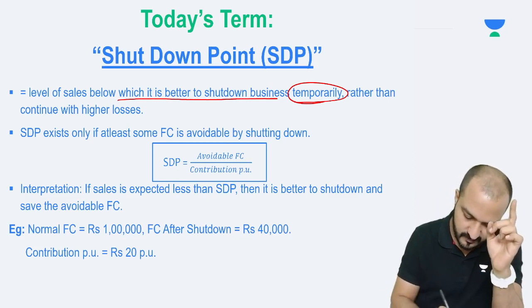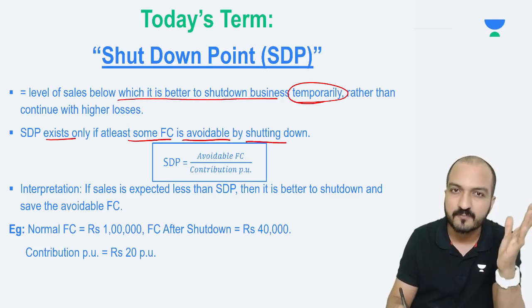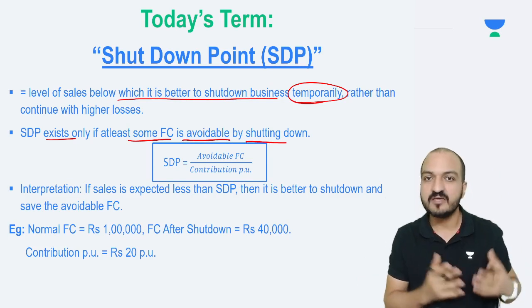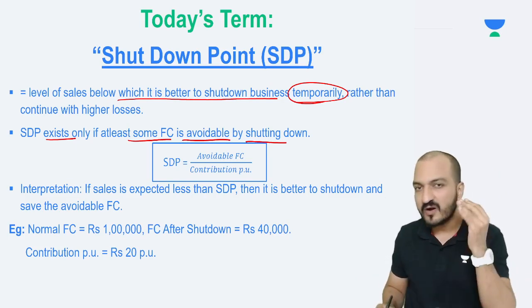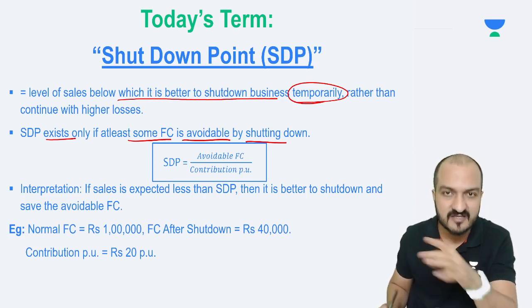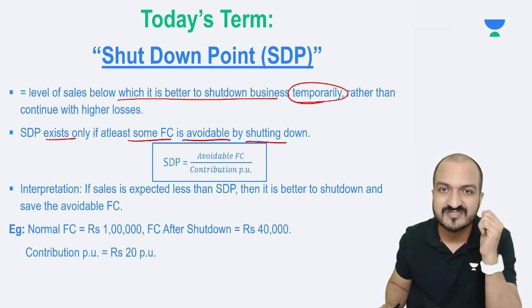Now this entire concept of shutdown point will come into picture only if there exists some fixed cost which is avoidable by shutting down. By shutting down the business, you should get some benefit at least. What will be the benefit of shutting down business? If you shut down business, your sales is gone, your variable cost is gone, your contribution is gone, but fixed cost will still remain.